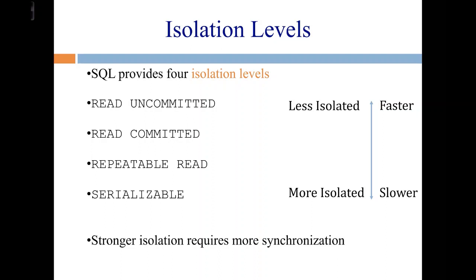And when you would want to use these depends on what you're doing, but in general, the less isolated it is, the faster it is, because there's going to be less synchronization required, and the more isolated, the slower. So sometimes if you can prove that there will never be any conflicts, then you might as well use read uncommitted, since it'll just be faster. But sometimes we need all the way up to serializable. And in the last video, we were experimenting with the default behavior, and that is repeatable read.